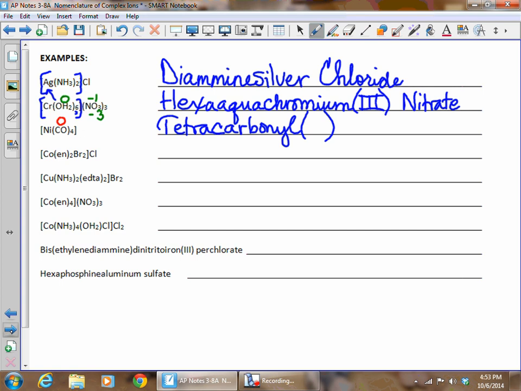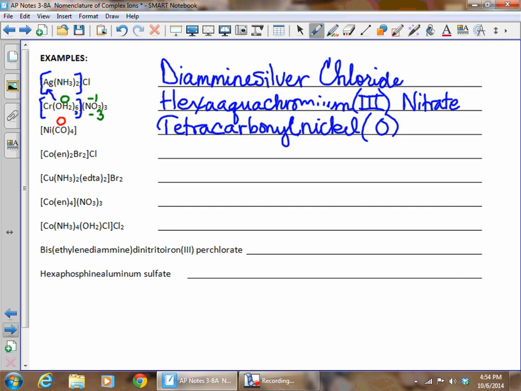Well, we haven't ever seen this as part of a Roman numeral before, and actually it's kind of weird, because Romans didn't have a 0, but nickel is going to have a non-Roman numeral, I guess, of 0 in parentheses. Tetracarbonyl, actually, I left out the nickel part, so let's put that back in. Tetracarbonylnickel(0). So that is kind of strange. We haven't seen that come up before.